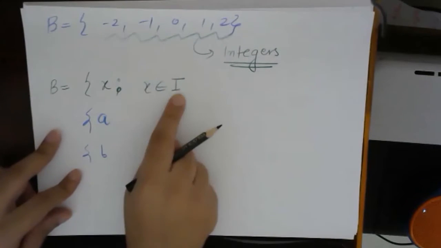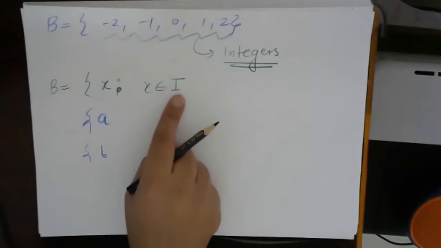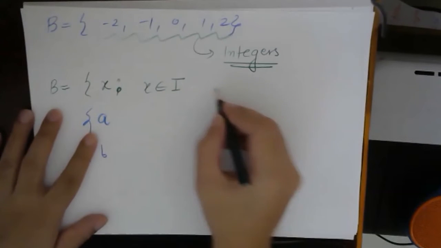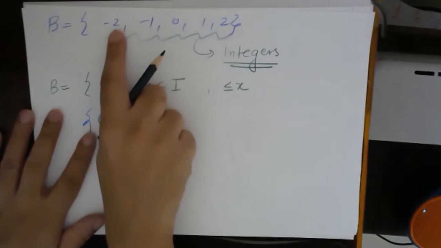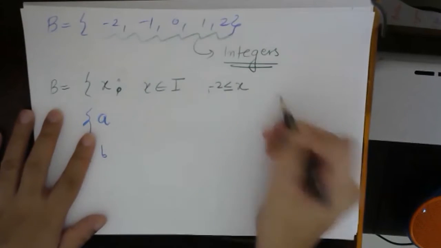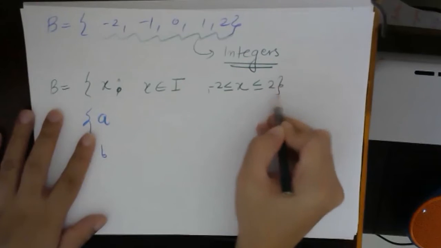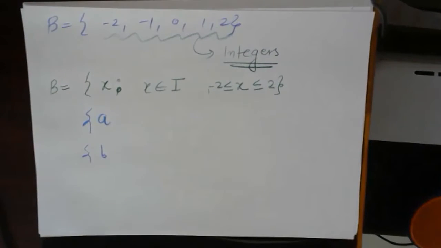Whatever the element is, it belongs to integers. And X should be greater than or equal to -2 and less than or equal to 2. Everybody understood? Yes or no?